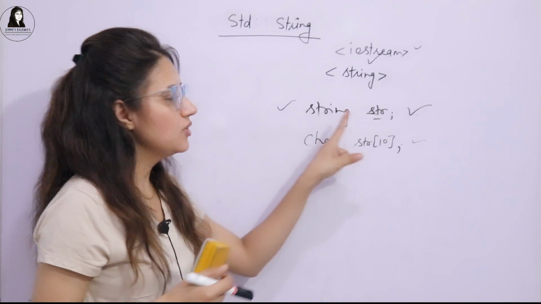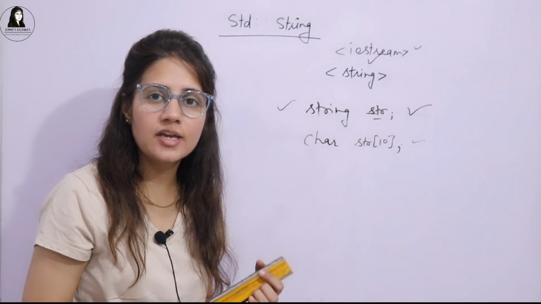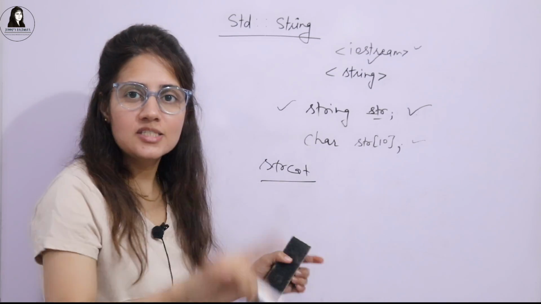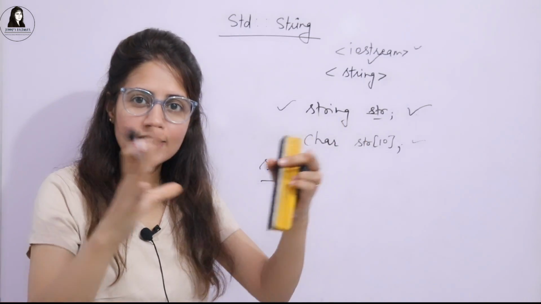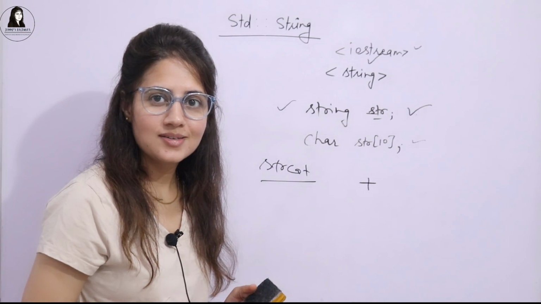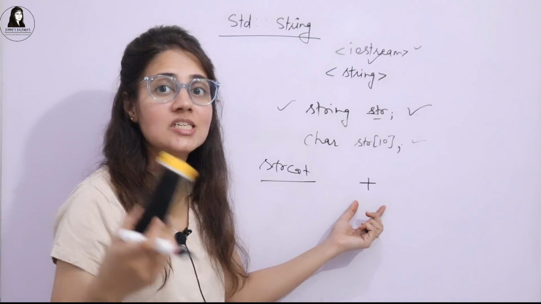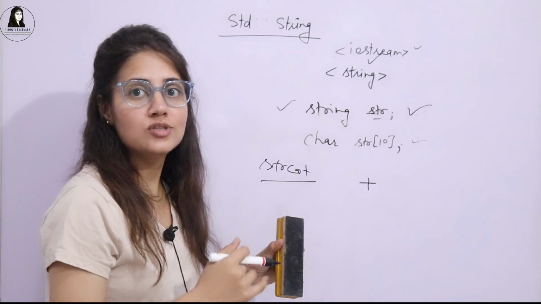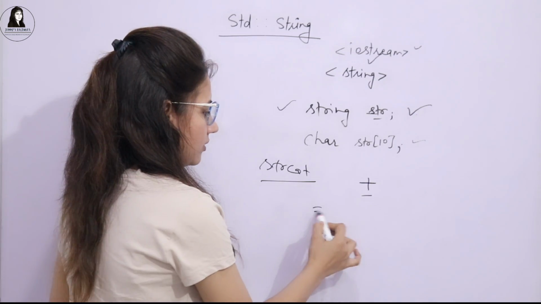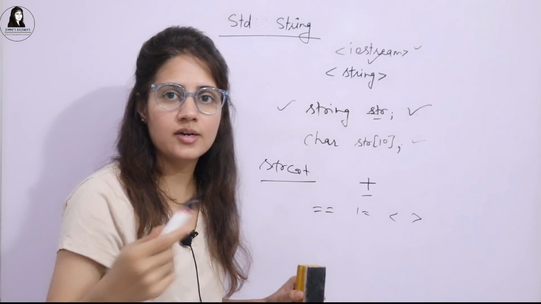And in C++ these strings, see, when in C we used to concatenate two strings, we used the strcat function, right? But in C++, if you are going to concatenate two strings, you can use the plus operator. So plus can be used for addition as well as for concatenation of two strings in C++, right? For comparison we can use double equal to for equality, not equal to, less than, greater than, less than or equal to, greater than or equal to.